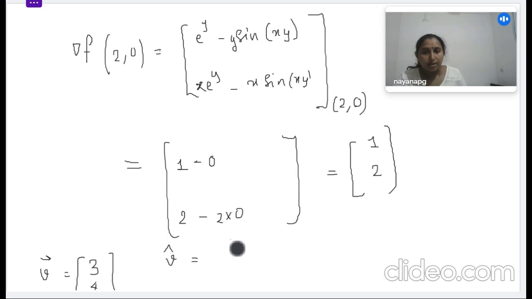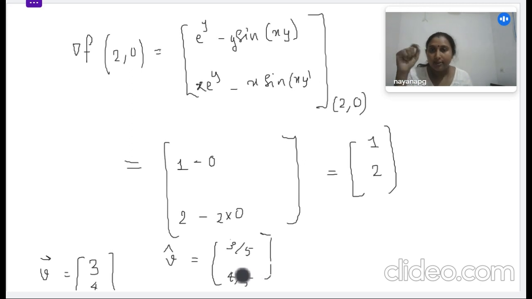So just divide the vector by its magnitude and we get the unit vector. Now we just need to take the dot product of the gradient vector and the unit vector of v, and we will get the directional derivative of f.